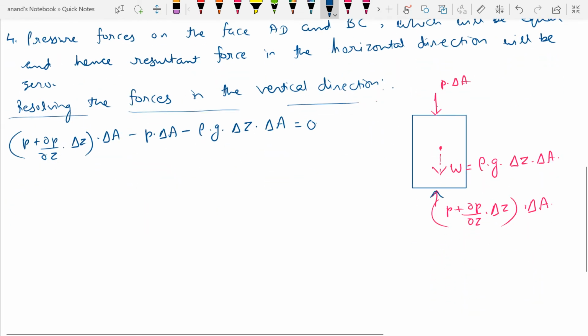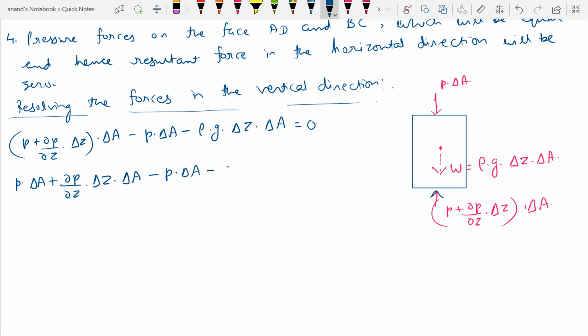Now, opening the bracket, we obtain P del A plus del P by del Z into del Z into del A minus P del A minus rho g del Z into del A equals 0.